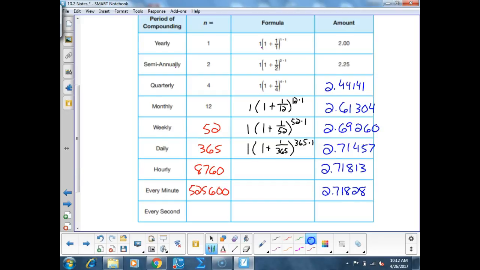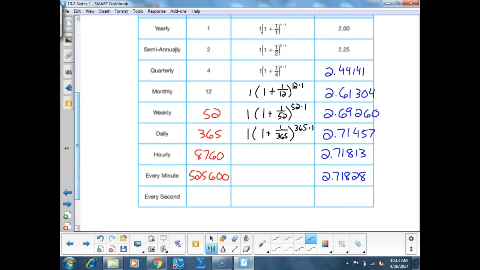How many seconds in a year? And there I got 2.71828.